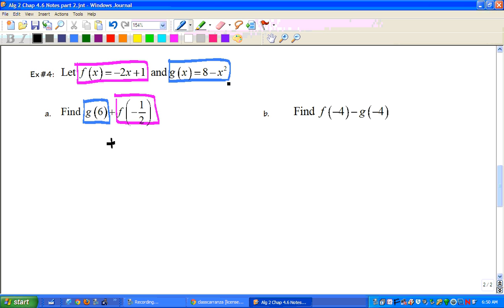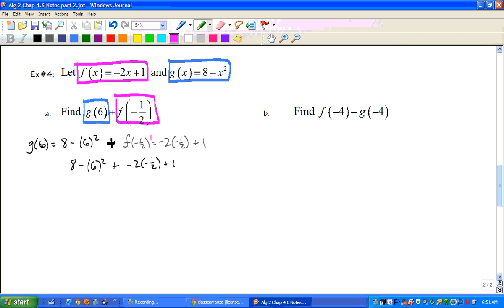For the g of x, that's g of 6, that's 8 minus 6 squared, and then f of negative 1/2 is negative 2 times negative 1/2 plus 1. Can you see your two functions right there? So 8 minus 6 squared plus negative 2 times negative 1/2 plus 1.